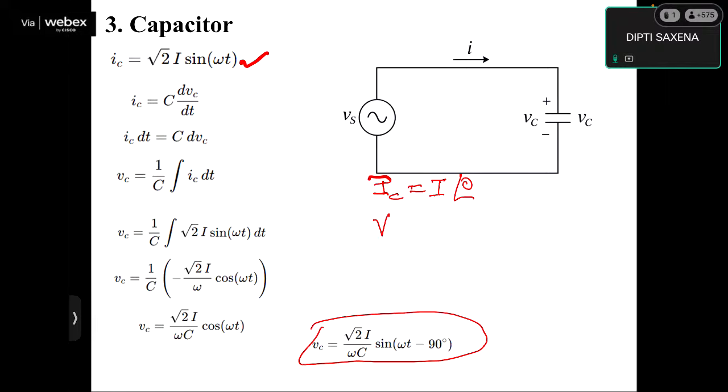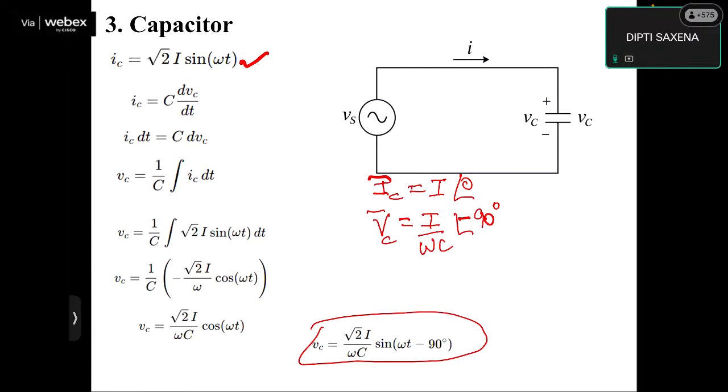If I want to write the voltage across the capacitance, the phasor voltage will have a magnitude. The magnitude is taken to be the RMS value. So the RMS value is I upon omega C. What is the angle? Sine omega t minus 90 degree. That is, the angle is minus 90 degree.